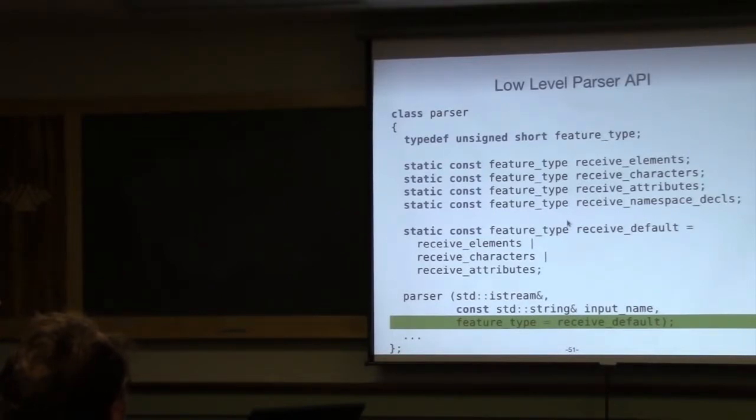It works in C++98. If something does the job, why complicate it? That's my philosophy. And why unsigned short instead of unsigned int? Because everything fits into unsigned short so far, and I hope it will stay that way. I don't want more than 16 parser features, but might have in the future, who knows.